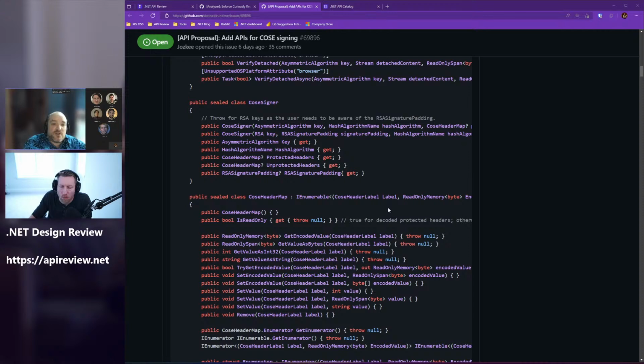So COSE signer, this represents all of the choices that you have to make when signing. If we ignore the complexity of what happened to RSA in 2012 or so, basically you have to pick a key, a hash algorithm, and then you can give us some optional protected headers, which are any header values that are going to be protected by your signature.